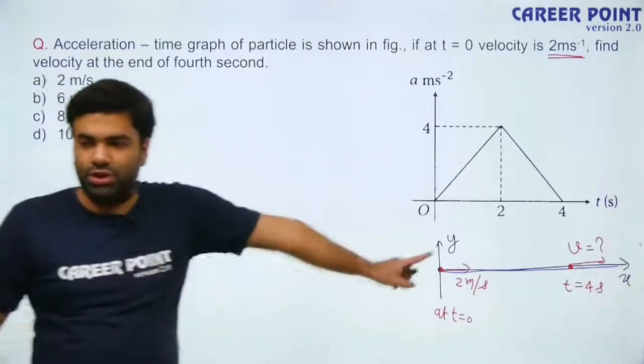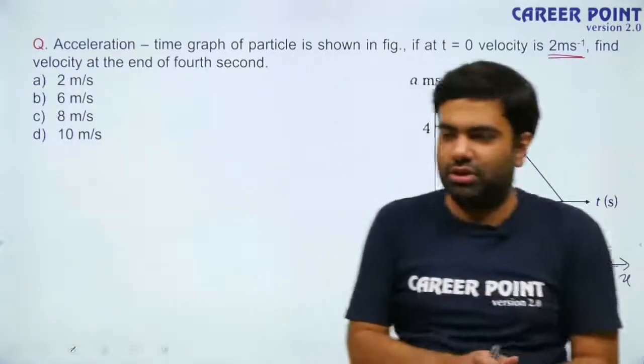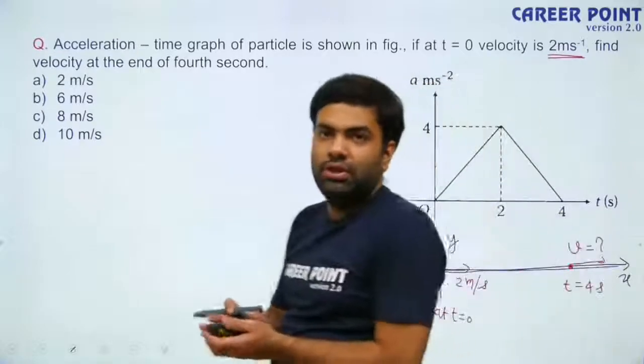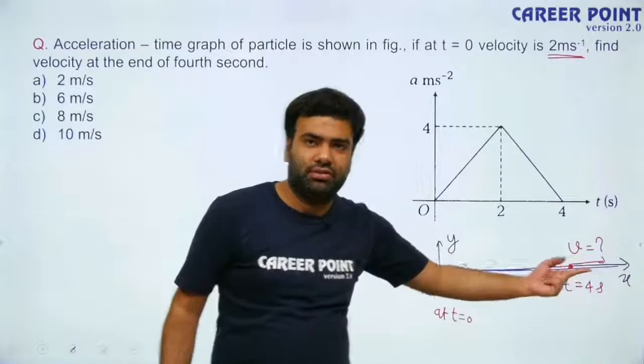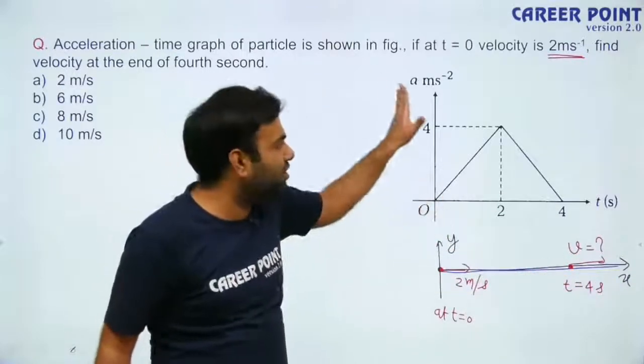This is the situation. Yes, Rajesh, now you are right, well done. So understood, this graph is not showing the path of the particle. Path of the particle is a straight line. It is only showing the variation of acceleration with respect to time.